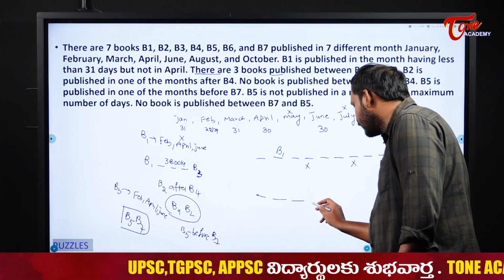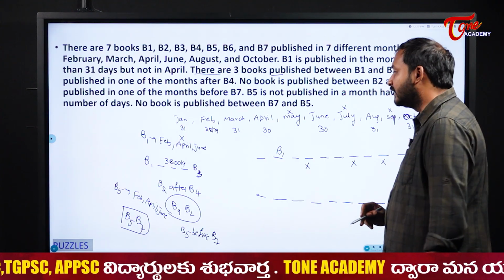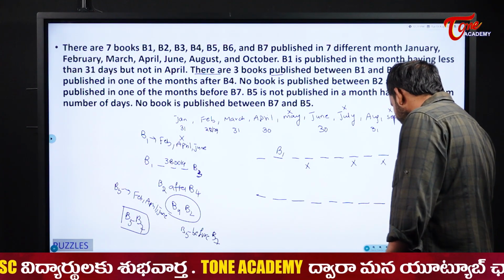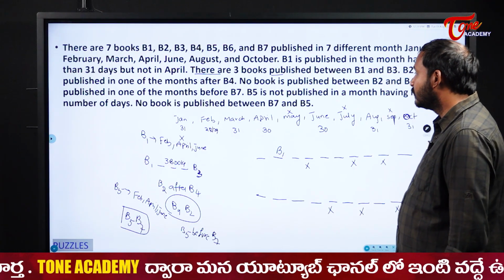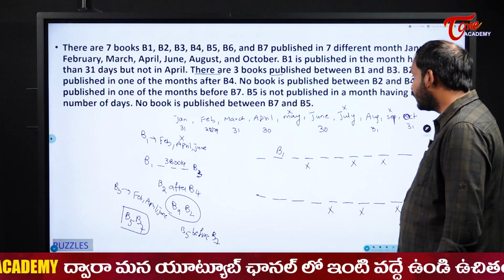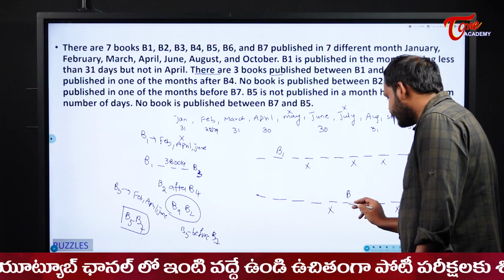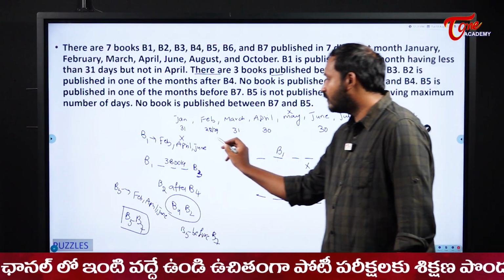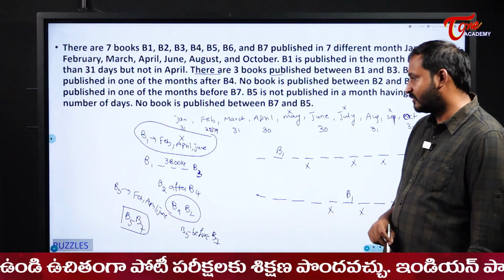In these 10, these are deleted, so the other chance is the month of June. So two chances are there, February or June. I have taken both chances, put that aside.